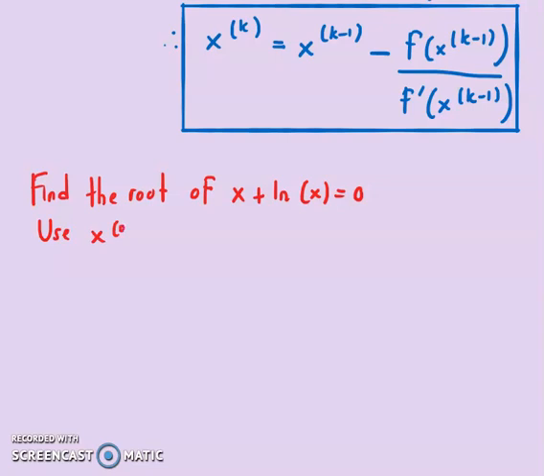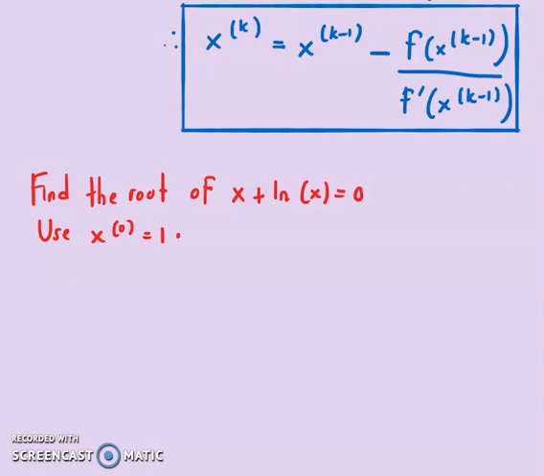So we need a starting value. It will be given. If it's not given, we have to look at the graph and find any initial. So we want to iterate, let's say a few iterations, using the Newton-Raphson method.